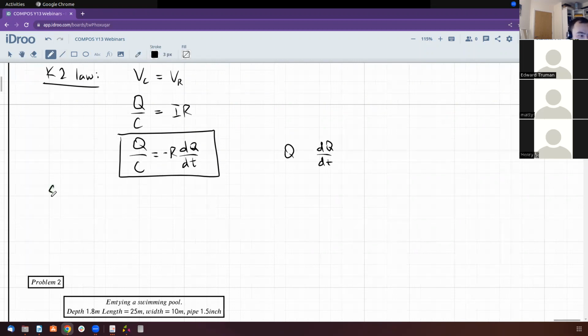Now I separate the variables. There are two variables, Q and T, because R does not change, C does not change.